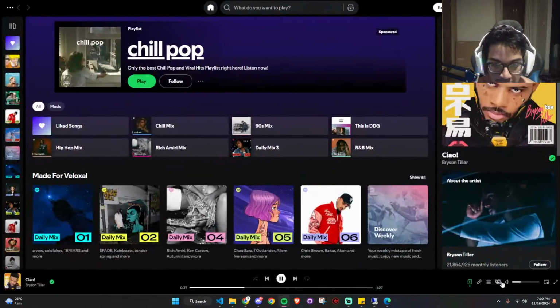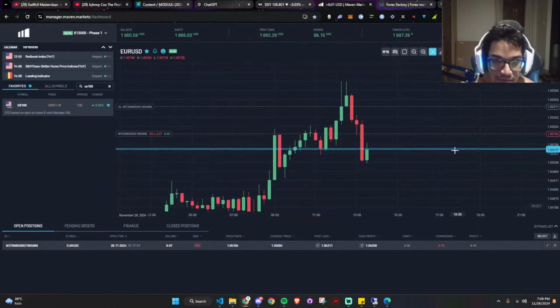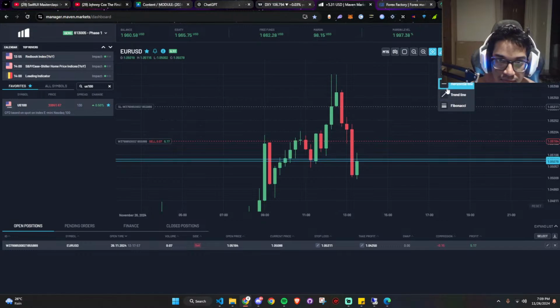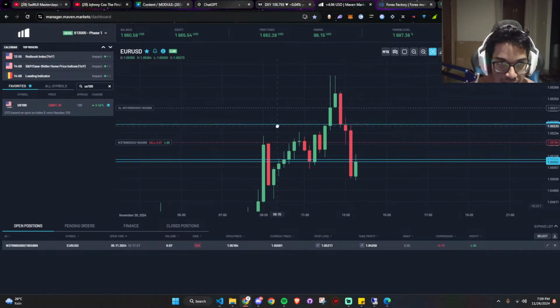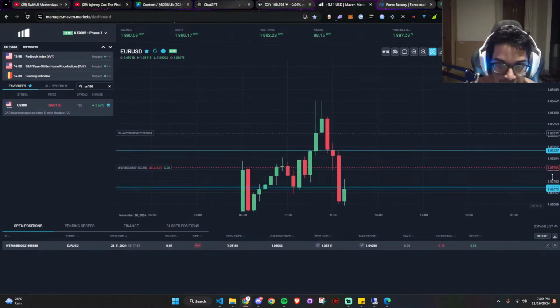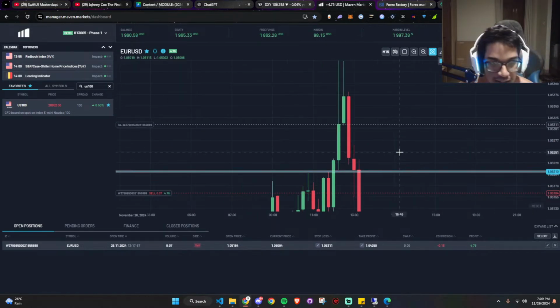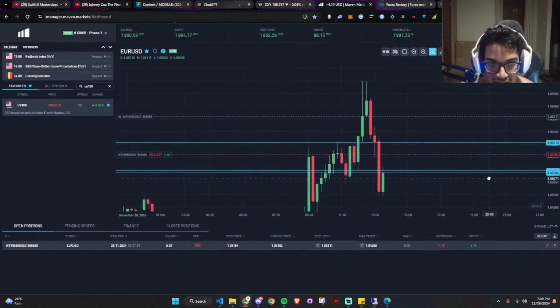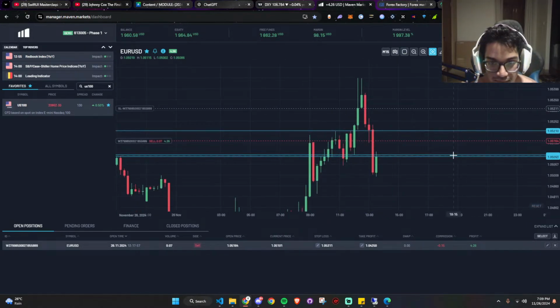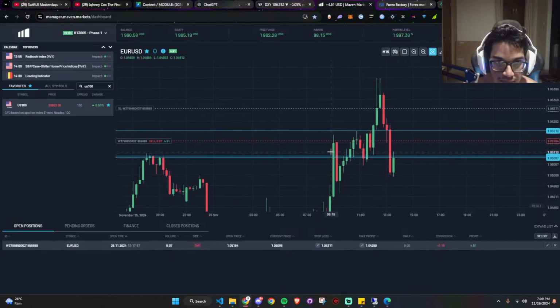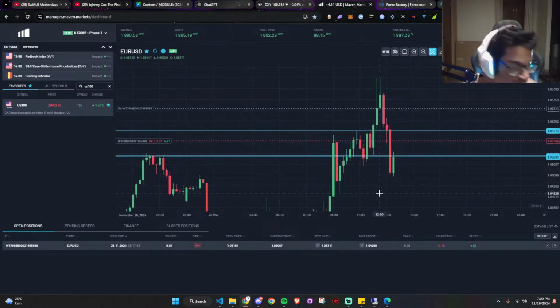Let me increase the music a little bit just to chill out. Come on. I know this is gonna hit TP 100%. My risk to reward is low.